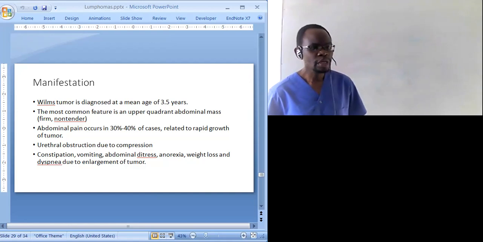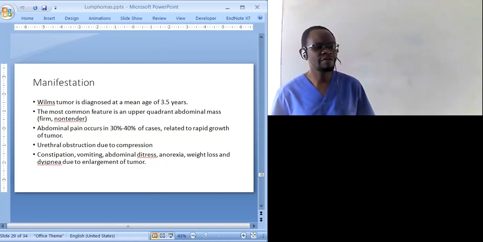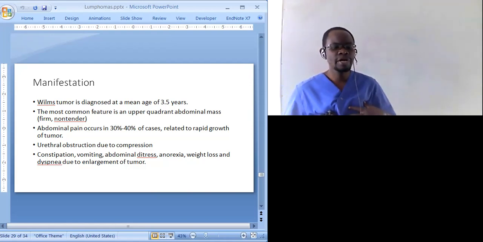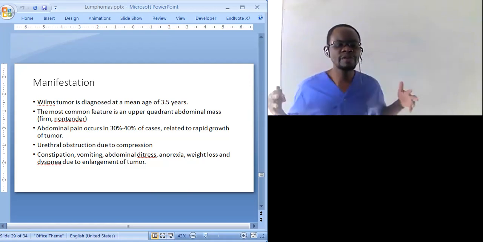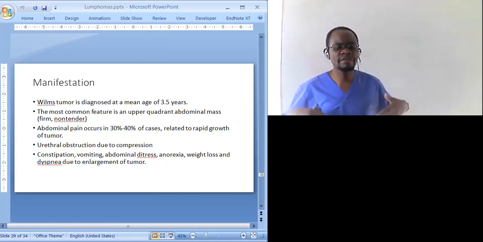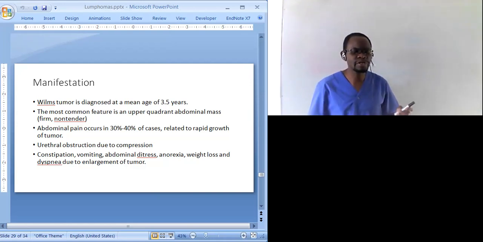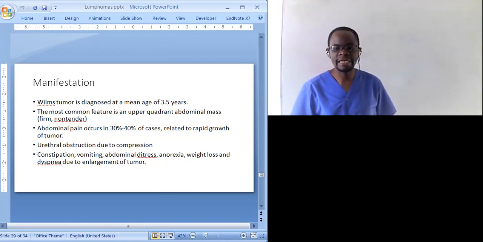Issues like constipation, vomiting, abdominal distress, anorexia, weight loss, dyspnea. If it gets so large, it might compromise the space the lungs need to do their functions. So it might compromise the respiratory system, and therefore we have dyspnea.